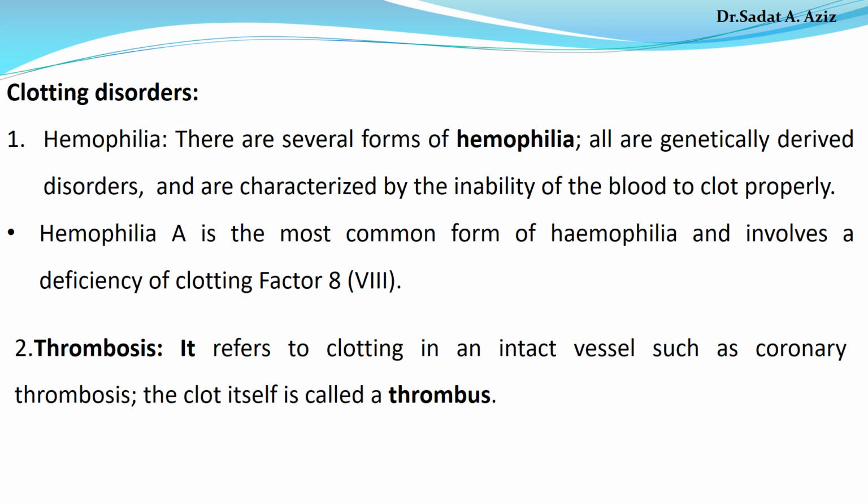So hemophilia, the first one, is called what? Called hemophilia. So what do we mean by hemophilia? There are several forms or types of hemophilia. All are genetically derived, so they are hereditary disorders, and are characterized by the inability of the blood to clot properly.